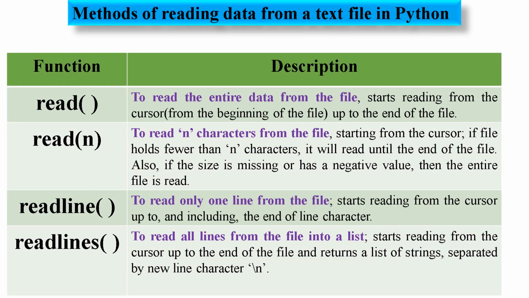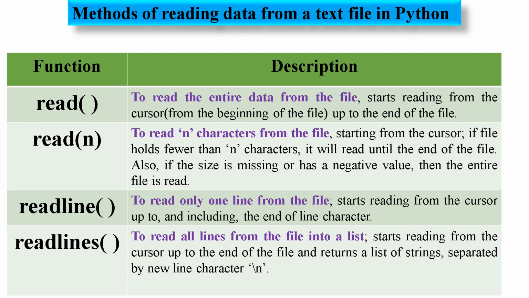Let's see the methods of reading data from a text file in Python. Read function: to read the entire data from the file, starting from the cursor, from the beginning of the file, up to the end of the file. Read of n function: to read n characters from the file, starting from the cursor. If the file holds fewer than n characters, it will read until the end of the file.